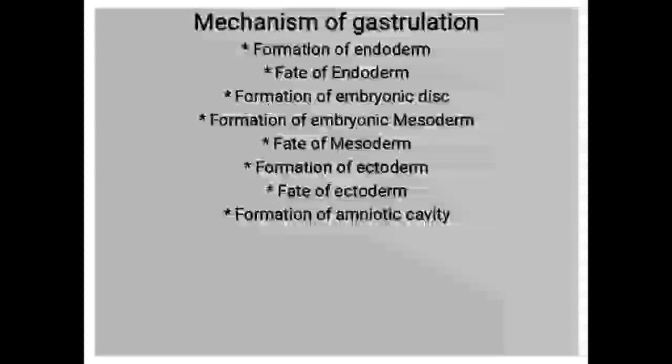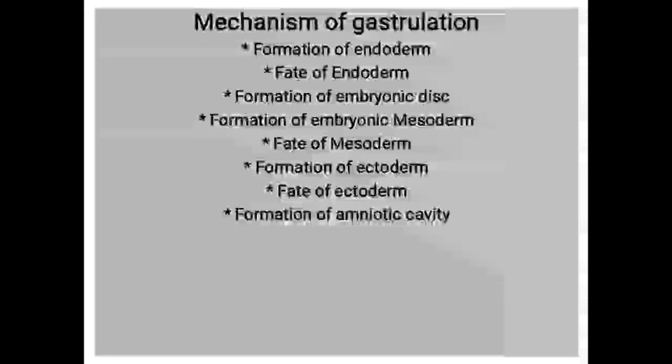These movements of the blastomeres change a hollow spherical blastula into a complex gastrula with three primary germ layers named endoderm, mesoderm, and ectoderm.